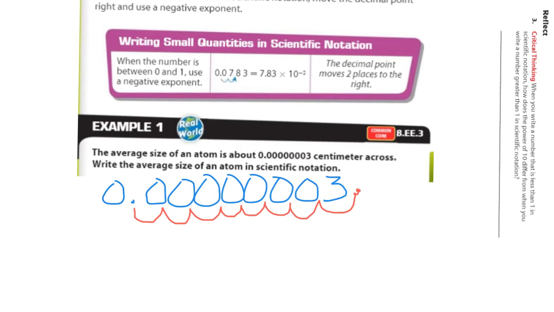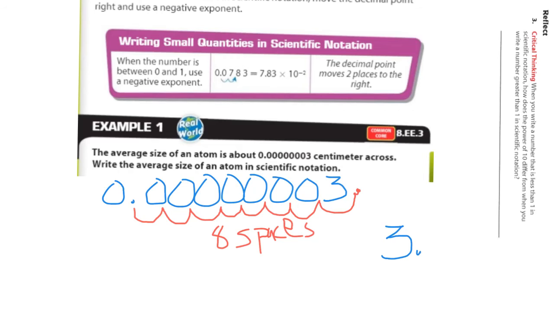I have to go all the way to the end. So how far did I move it? 1, 2, 3, 4, 5, 6, 7, 8. I went 8 spaces. And when I moved it 8 spaces, I ended up with 3.